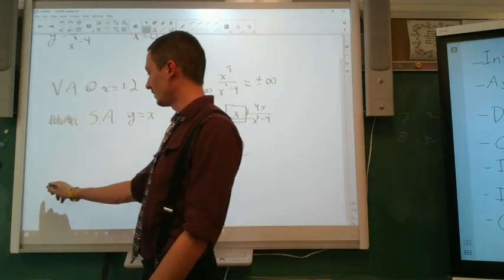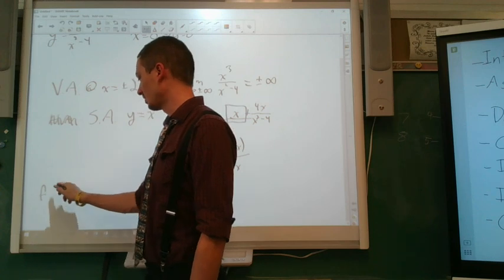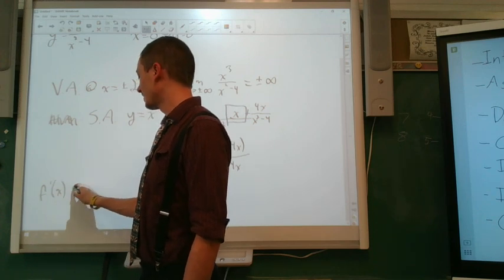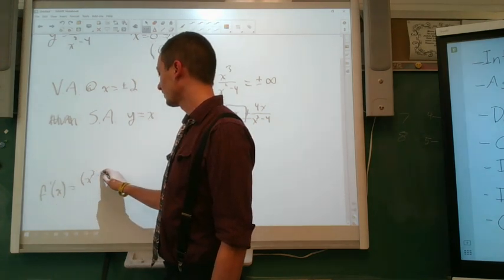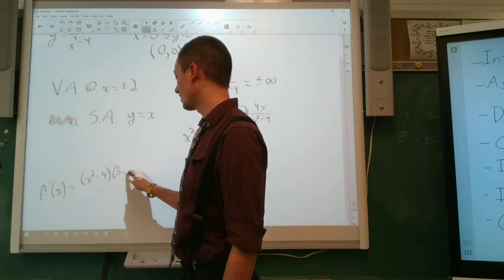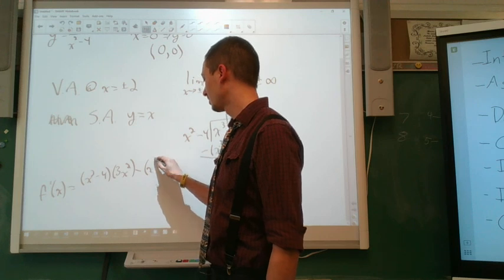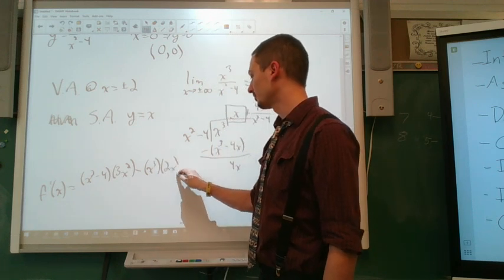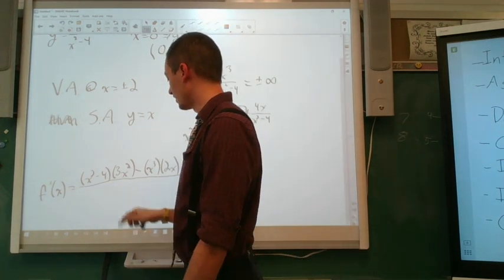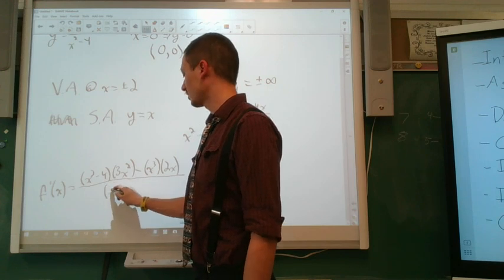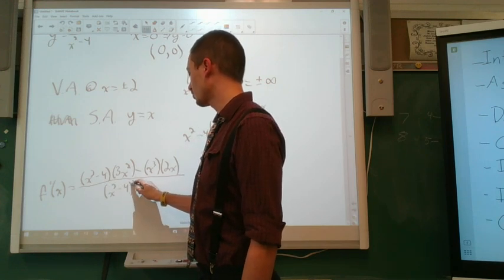So the first derivative, we are dealing with a rational expression. So the first derivative is the bottom times the derivative of the top minus the top times the derivative of the bottom, all over the bottom squared, x squared minus 4 squared.